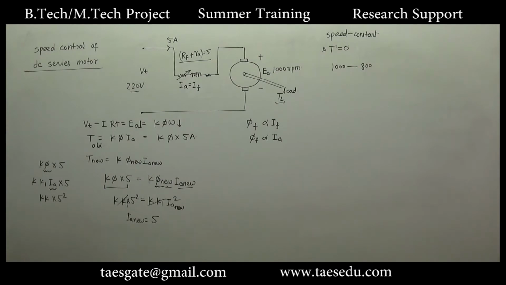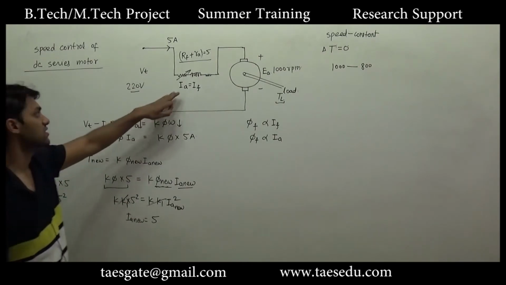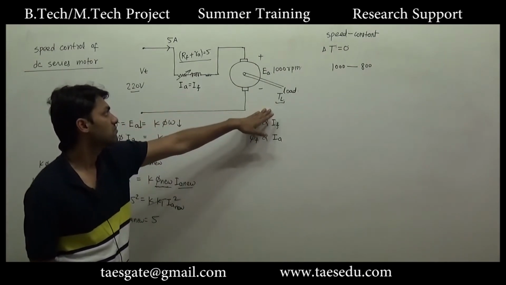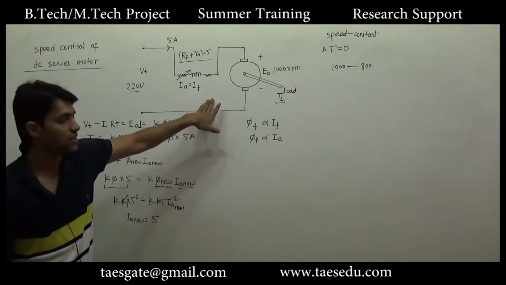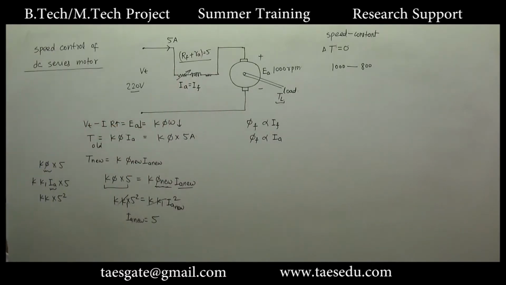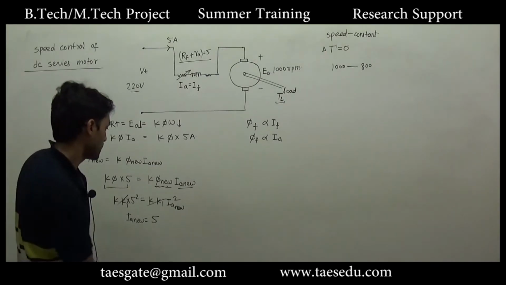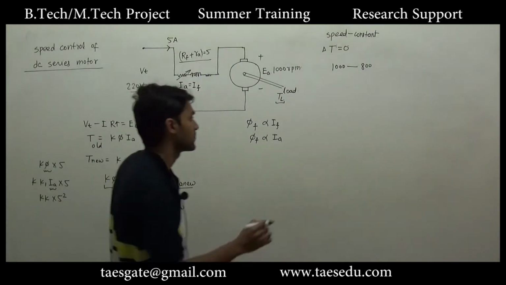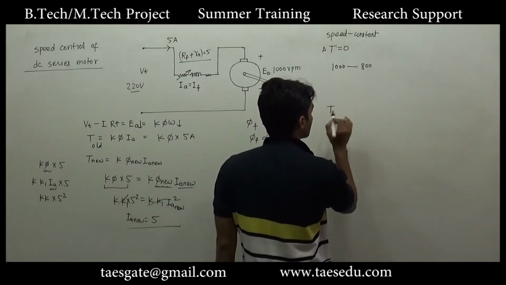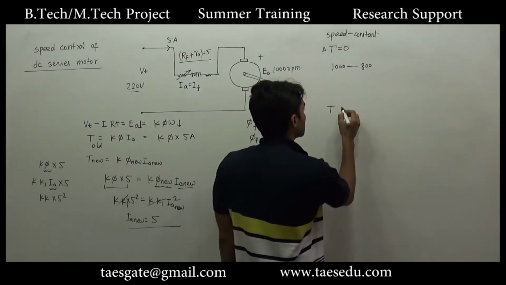So what we observe here, even if you change the resistance, if the load torque is the same, even in the new condition, the armature current will be equal to the previous value of armature current. If I make it in a simpler manner, if you see the torque, this has to be constant because load is constant.